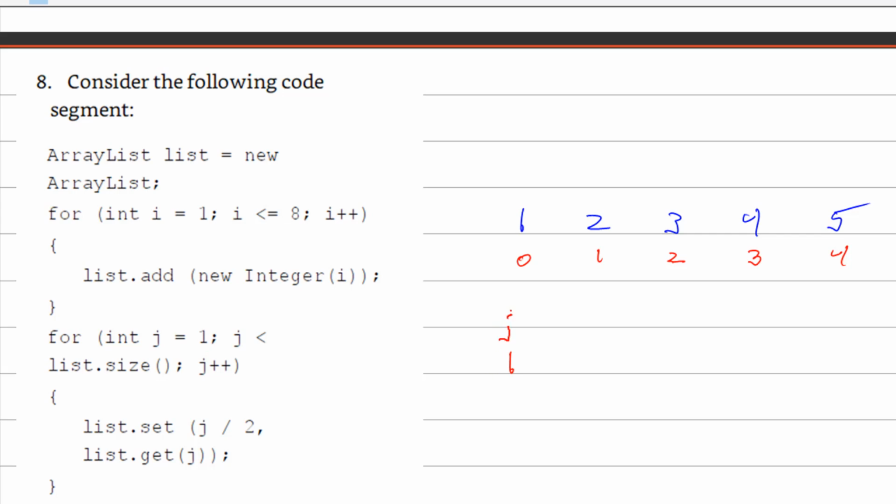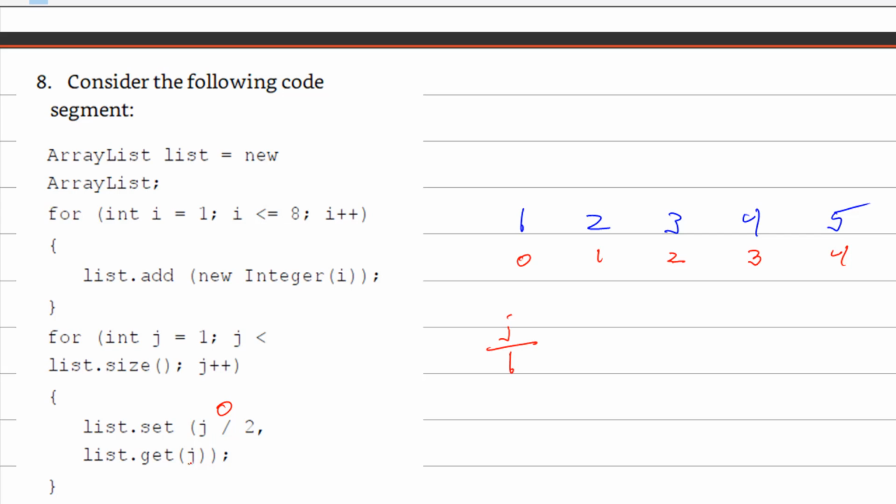The first time through, j is going to be 1, right? So I'm going to make a little mini chart here with j. The stopping condition is j less than list.size, so 1 is less than 8. So list.set(j / 2, list.get(j)). What is j divided by 2? Well, it's int division, and 1 divided by 2 is going to be 0.